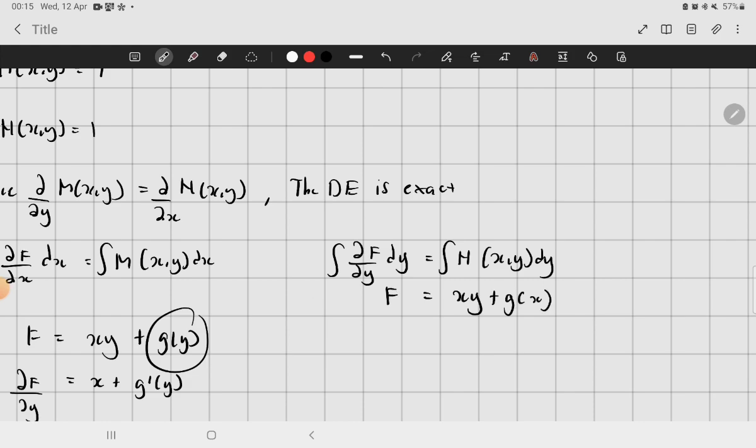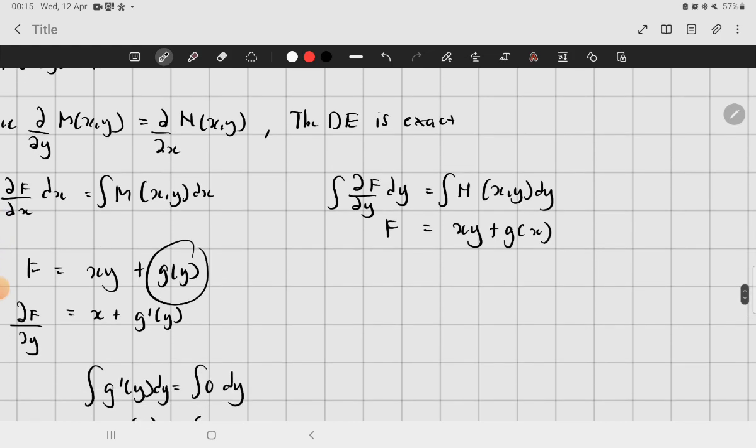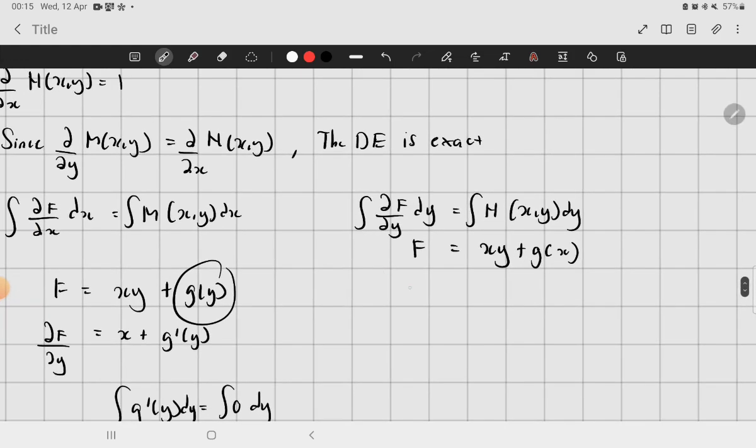So f is equal to xy plus g of x, and when you partially differentiate this in respect of x, therefore you will obtain, well, y plus g prime of x.